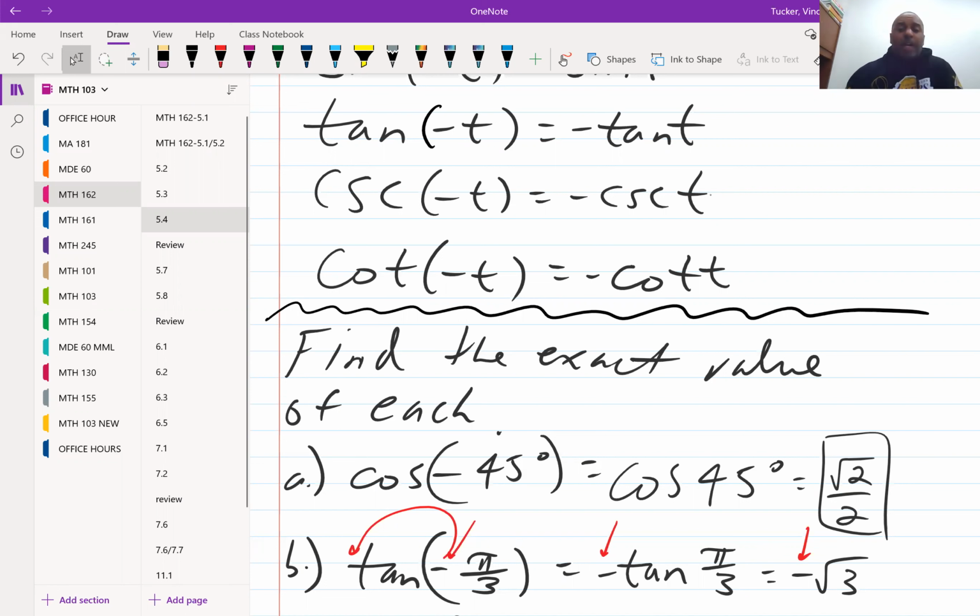So cosine of 45 degrees is the square root of 2/2. So even though you have a copy of the unit circle from me, don't forget I did give you that chart of familiar angles. So 30 degrees, 45 degrees, and 60 degrees is on that. And so you could always reference that as well.